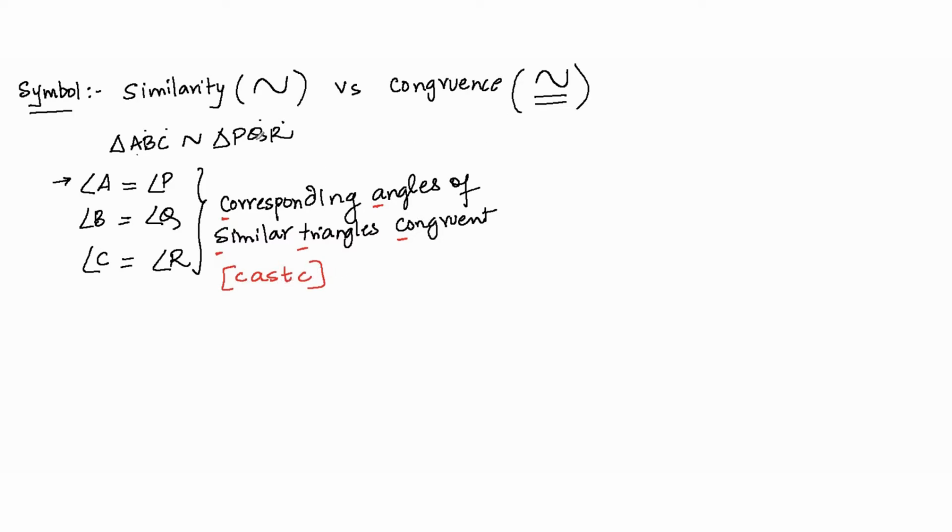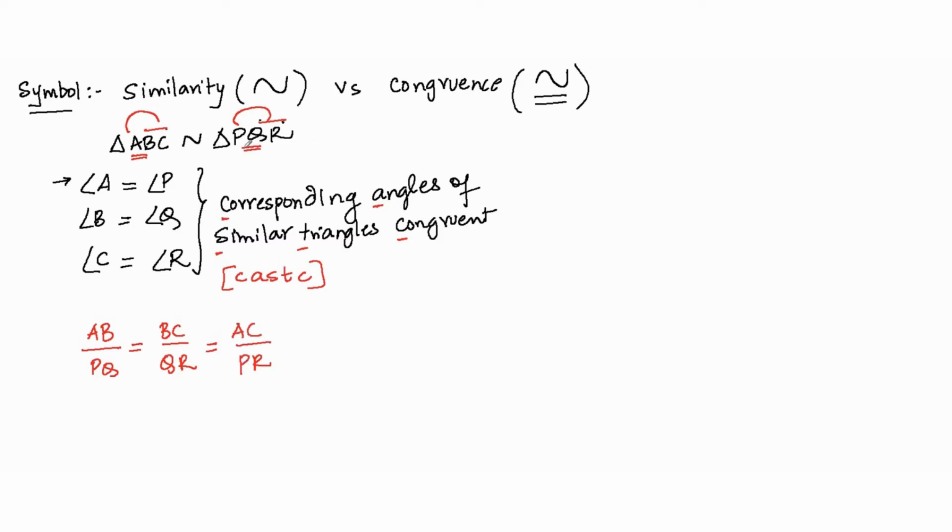Also, if triangle ABC is similar to triangle PQR, we know that when two triangles are similar, their corresponding sides are in the same ratio. So AB upon PQ should be equal to BC upon QR, which should be equal to AC upon PR.